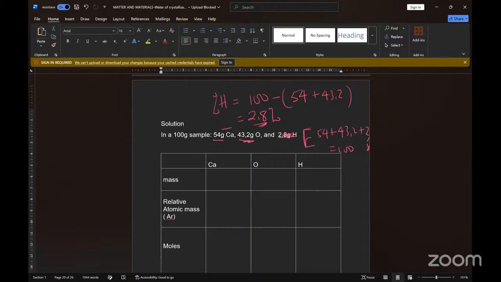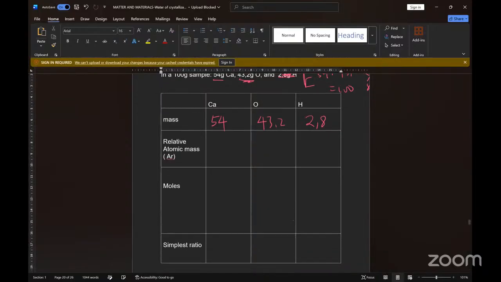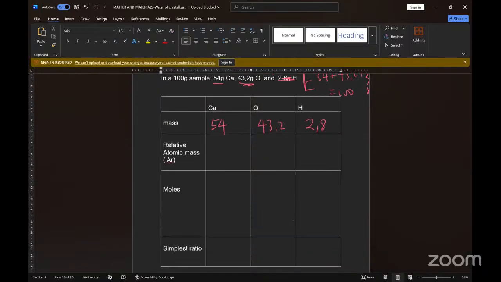So in terms of masses, you're going to write 54 grams here. Oxygen 43.2, and this one 2.8. The relative atomic mass of calcium, you can get it from the periodic table. This is 40. This one is 16. This is 1.